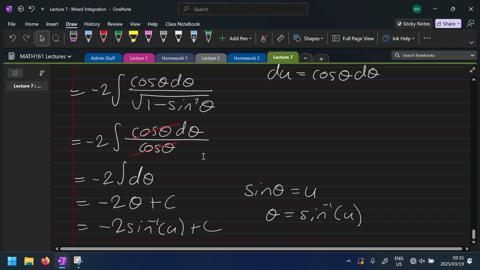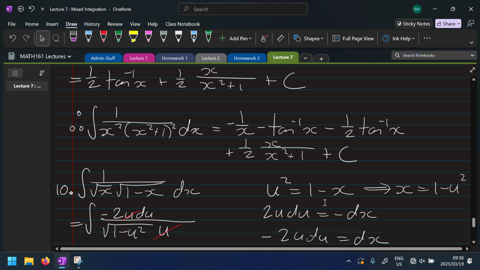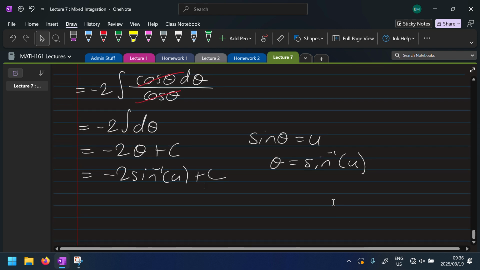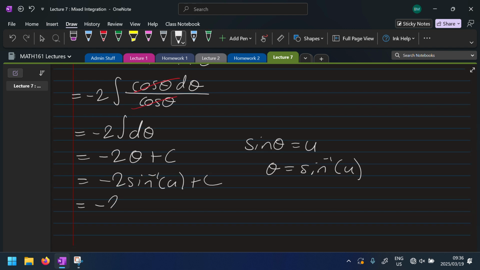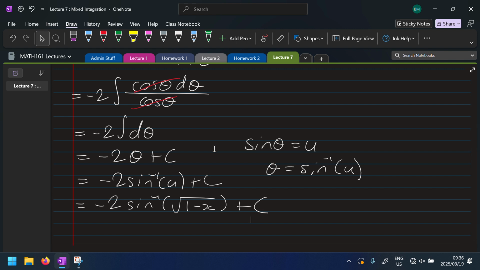This is in terms of u. We want it in terms of x. So that's going to be root of 1 minus x, just solving for u. So this will be minus 2 sine inverse root 1 minus x. Plus, if you remember that it's arcsine, it saves you some time with that side working.